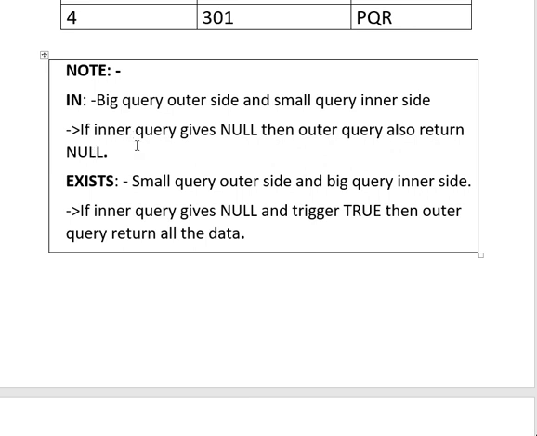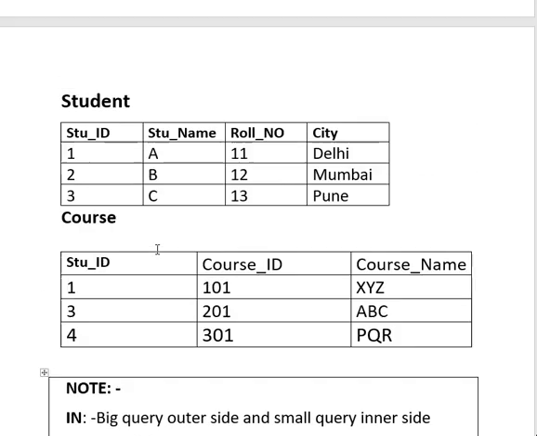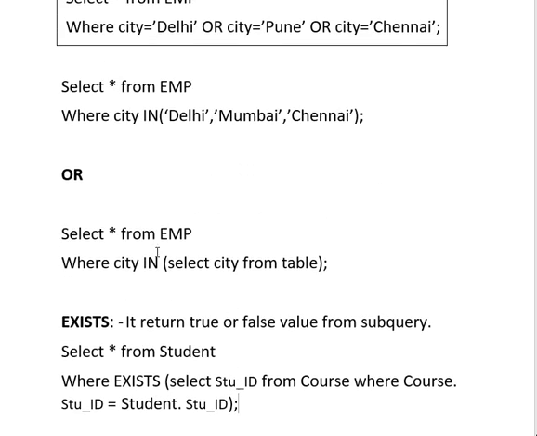And in the IN operator, if my inner query returns null, then the outer query will also return null. But in EXISTS, if my inner query gives null and it's true, then the outer query will return all the data from the outer table. So this is the difference between IN and EXISTS operator.